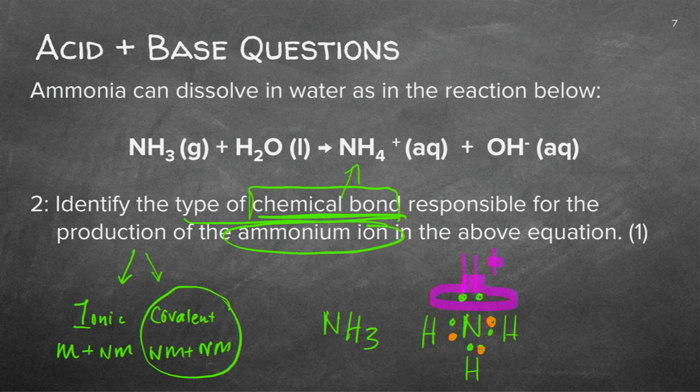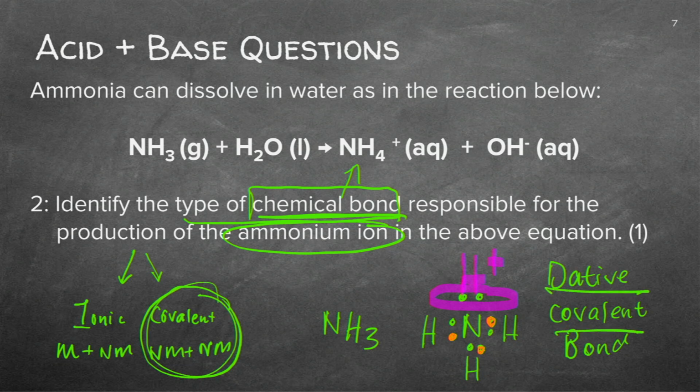And the name of that specific bond is a dative covalent bond. So you have to know that it's not just a pure covalent bond as we had here, it's a dative covalent bond, and that's because it actually preys on those 2 electrons that pair there.